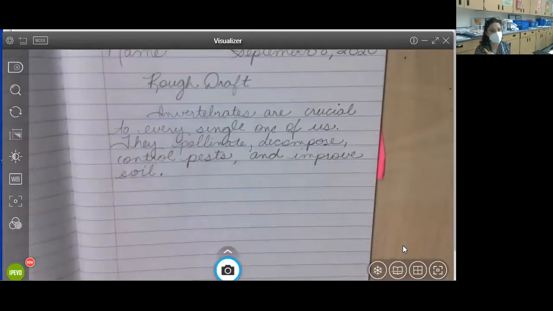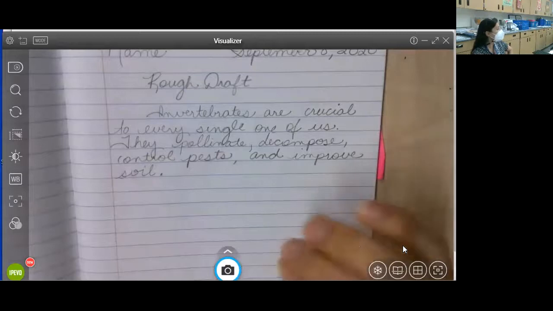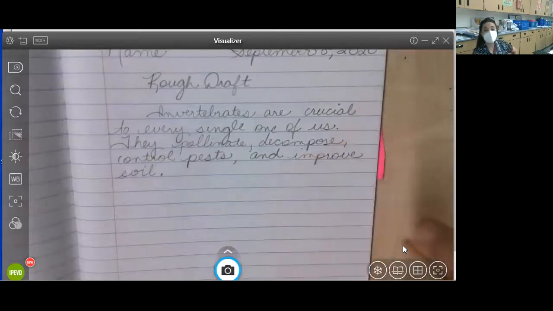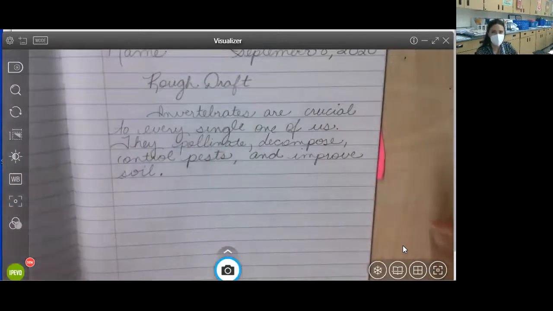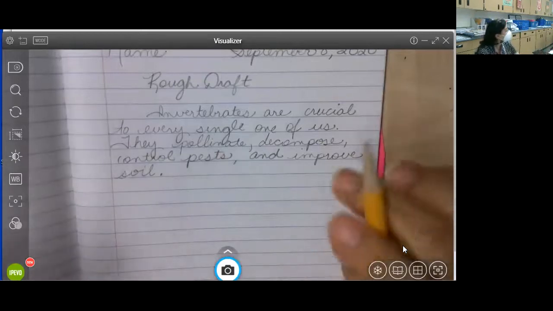You write your sentence, but it has to have the word invertebrates in it, and it should have nice words. So like crucial is a pretty awesome word, but it could be important, it could be valuable to every single one of us. It could be valuable to people around the world. It could be valuable to mankind. It could be valuable to anyone who likes to eat, which is true.